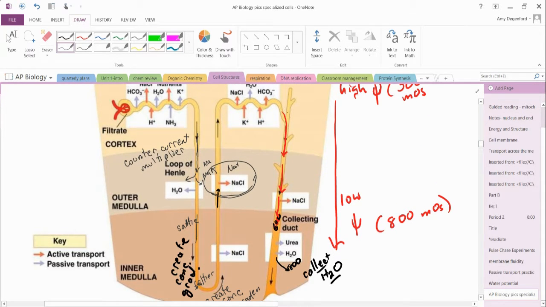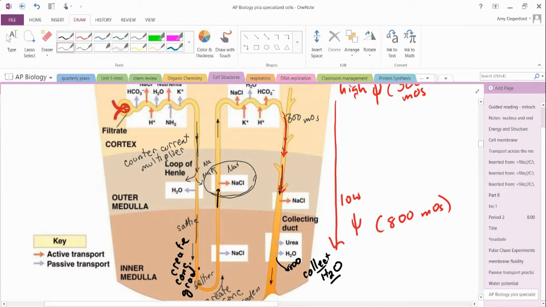Except you've got to remember, the urine is taking one last turn as it leaves. So again, imagine the concentration, measured in milliosmoles, might be 300 up here, which is typical for our blood. And as it goes down, it's approaching areas that have more and more negative water potential.